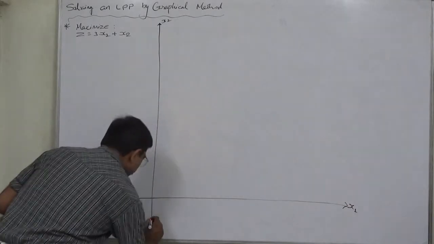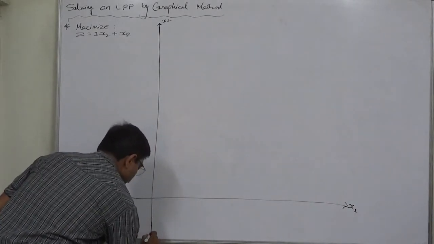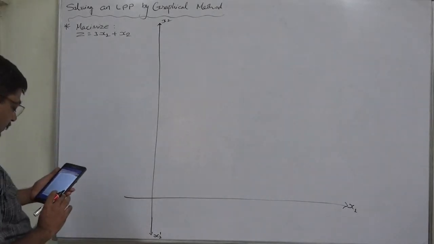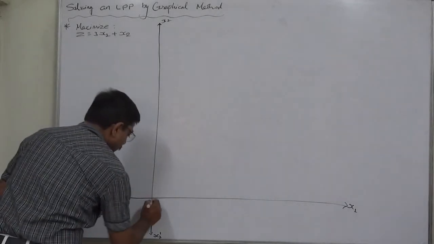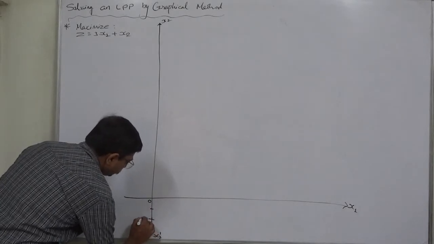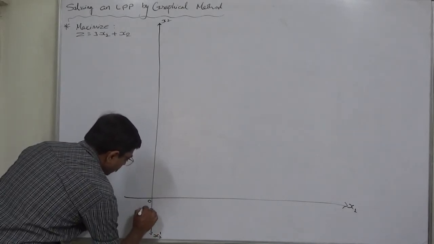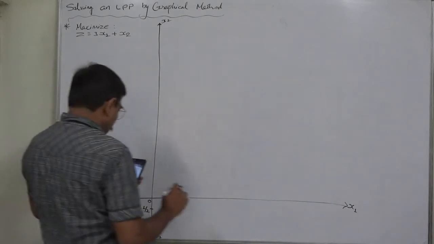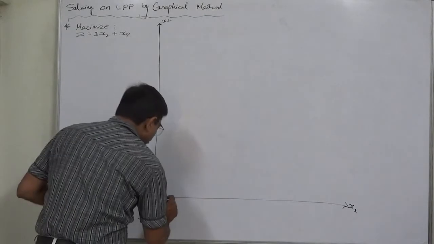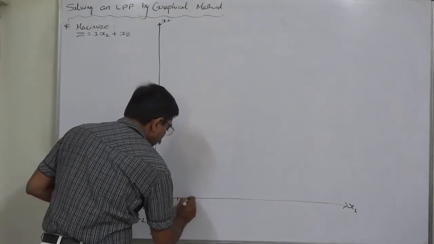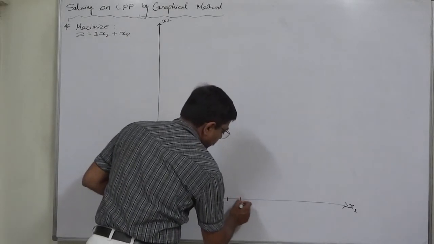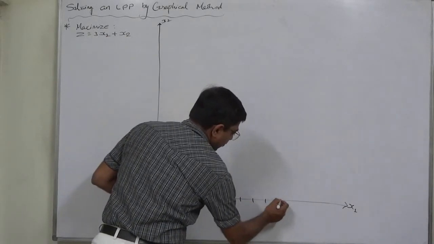On x2 axis we have to take negative values: 0, 0.5 and 1, rather minus 1, minus half. On x axis we are going to take maximum value 10: 1, 2, 3, 4, 5, 6, 7, 8, 9 and 10.